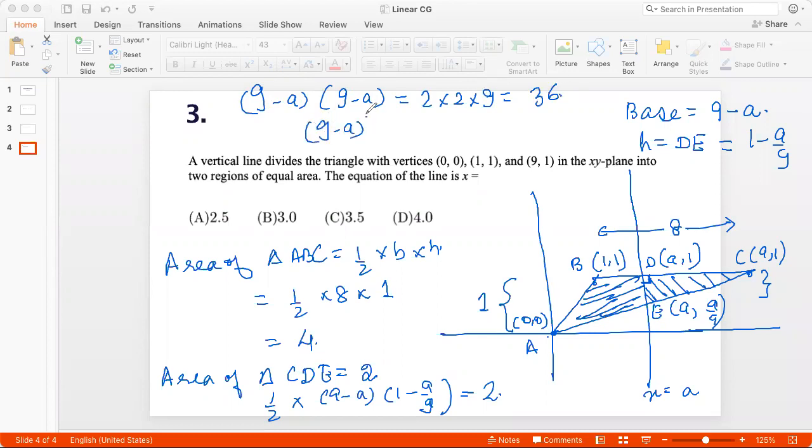So 9 minus a whole squared is 36, or 9 minus a is plus or minus 6. So a is equal to 9 minus or plus 6, which means a can be 3 or it can be 15. Now, it can't really be 15 because that would take the vertical line outside the triangle. So it has to be 3. So x equals 3 is the equation of the vertical line.